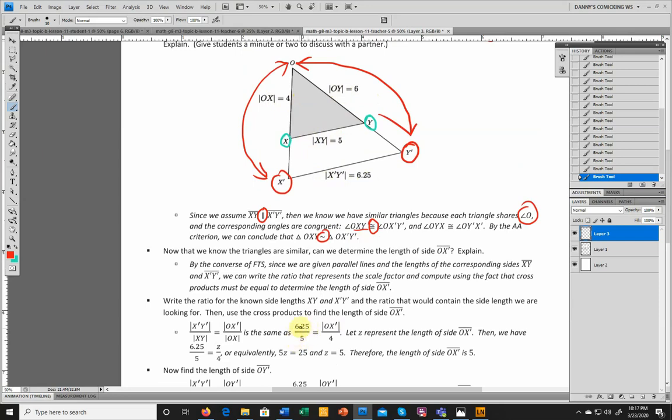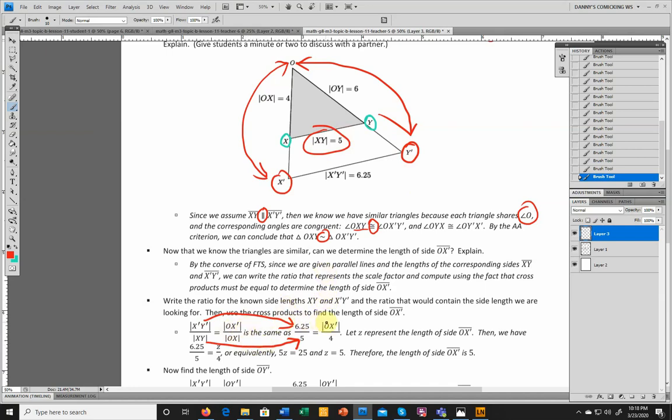So X prime Y prime is equivalent to 6.25, and XY is equivalent to 5, as you can see right here. So always look for your answers up in the information. Make it simple. Don't make it harder than it really is. It looks like a lot of numbers, but it's actually really simple. You just have to look for the right information.